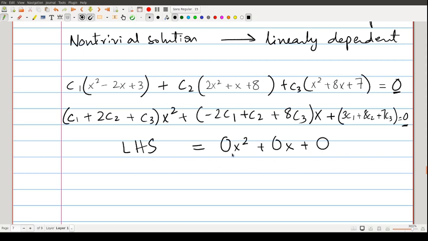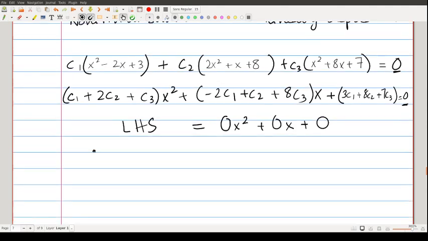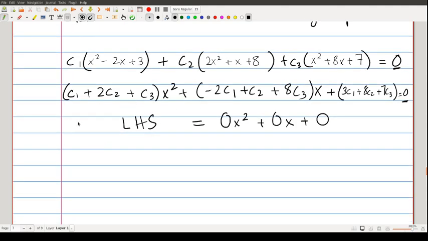That is the 0 polynomial. So all of these coefficients must equal 0. Because the quadratic term on the left hand side should equal the quadratic term on the right hand side, we get the following equations.